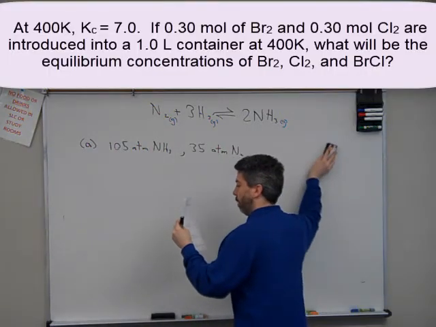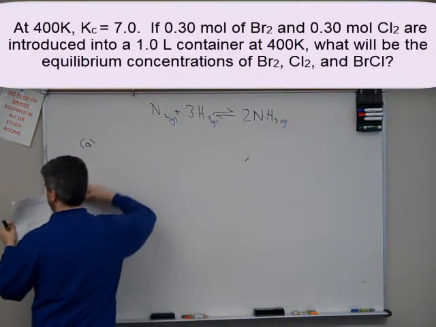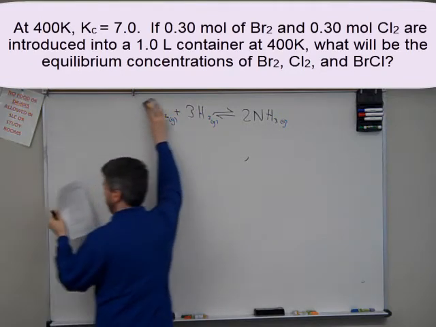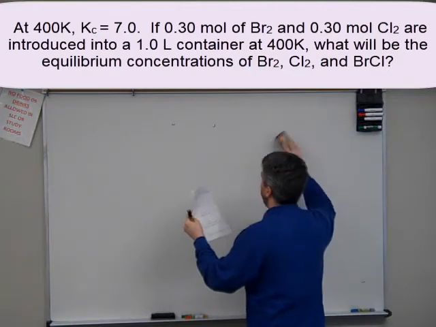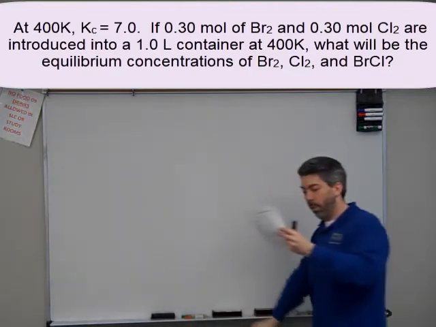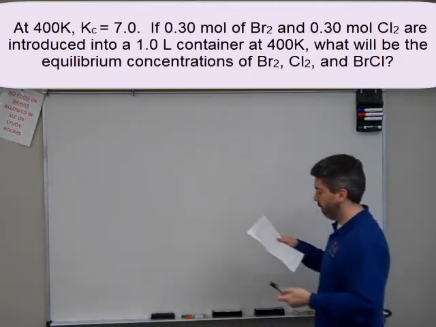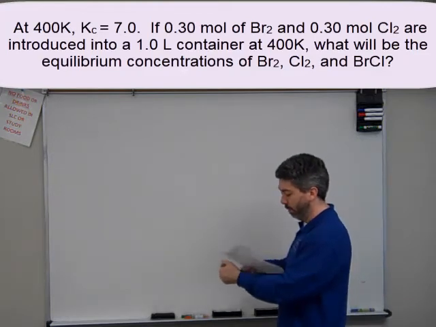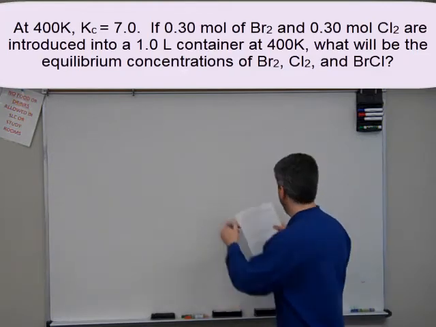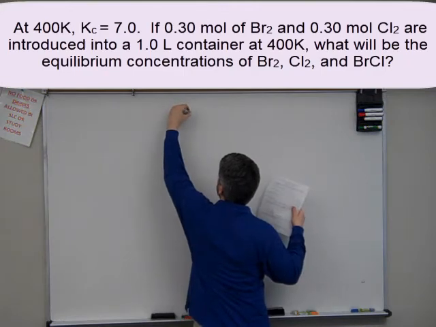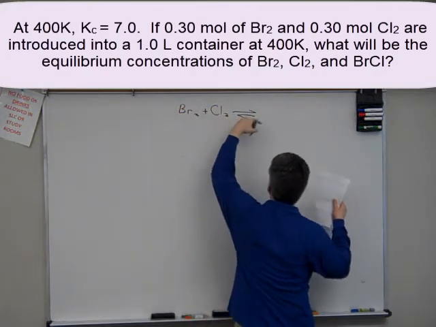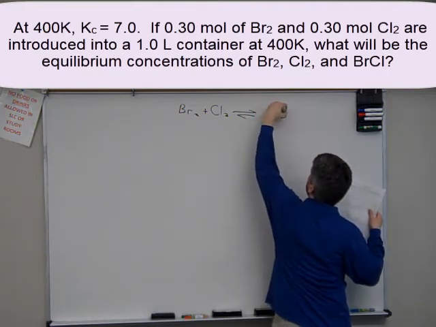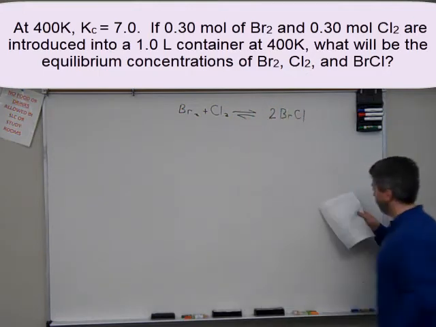If 0.30 moles of bromine and 0.30 moles of chlorine are introduced into a 1 liter container at 400 Kelvin, what will the equilibrium concentration of Br2, Cl2, and BrCl be? So, start with Br2, Cl2, equilibrium, 2 BrCl.